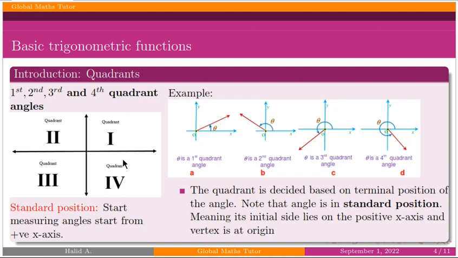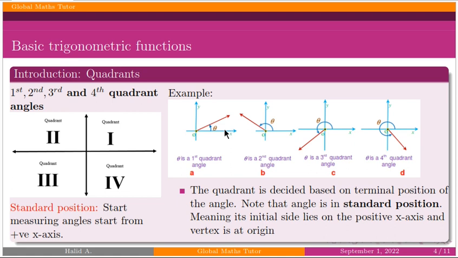But first, let's define what a standard position is. In measuring an angle, we will use standard position. Standard position means the vertex of the angle is at the origin and the initial position is the positive x-axis.